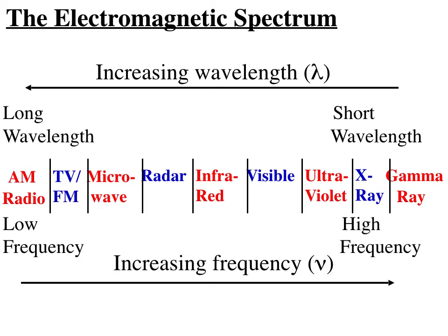So again, all of these things we're showing here are made of the same stuff. They're all made of oscillating electric and magnetic fields. They're all moving at the same speed. It's just a matter of the range of how long the wavelength is, or the frequency is, that determines which of these particular components you're talking about.